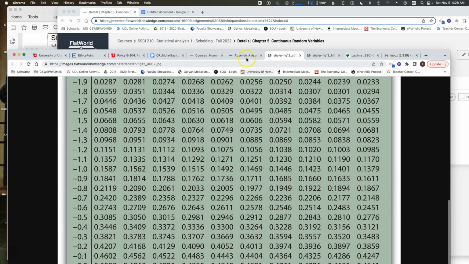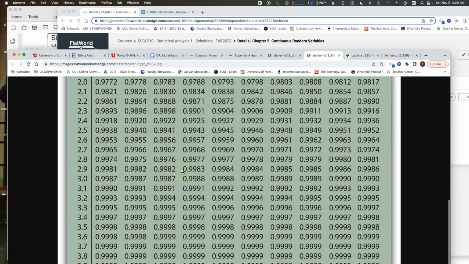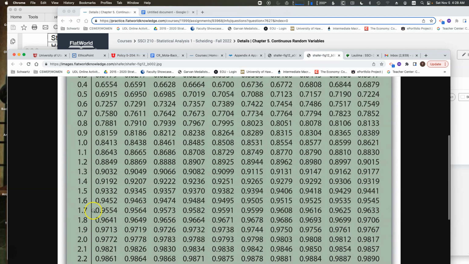And then the other one I need to find is 1.51. 1.51 is 0.9345. So what that means is that we then have 0.9345 minus 0.2643.